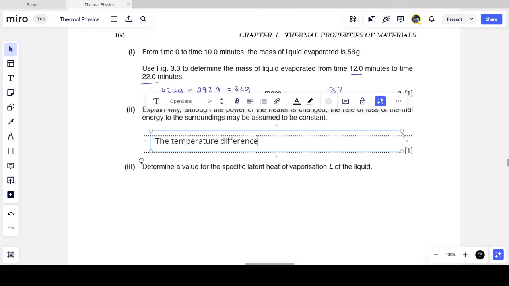So I have to convert that to seconds, so that's divided by 600, minus, in the next 10 minutes I lost 32 grams, from 12 to 22 minutes. So that's 32 grams also in 600 seconds.